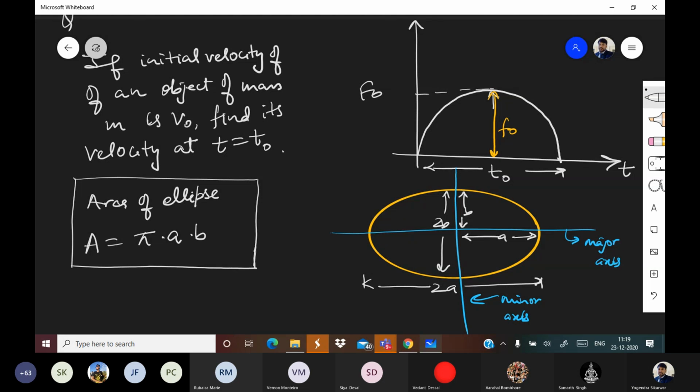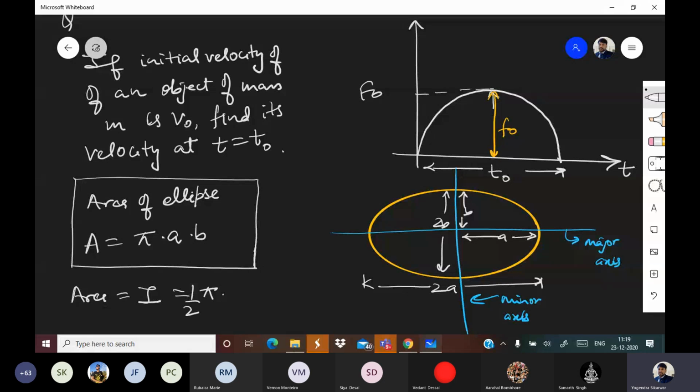In our question, now pay attention. Area is equal to impulse, because the area of the F-t graph gives impulse. Acha, this is half of an ellipse.